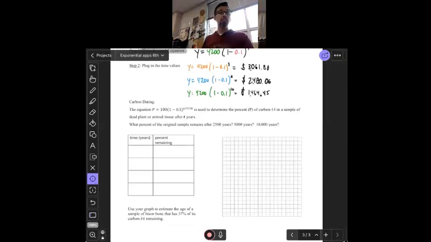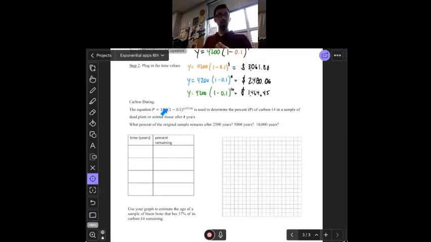So that's what that 5730 is about. That's why there's this number here. If we give you a problem with carbon dating in it, the equation will be given to you. We're not going to ask you to develop the equation. The P here stands for the percent remaining. The 100 is the 100% you started with.